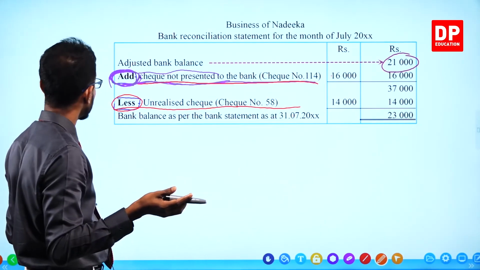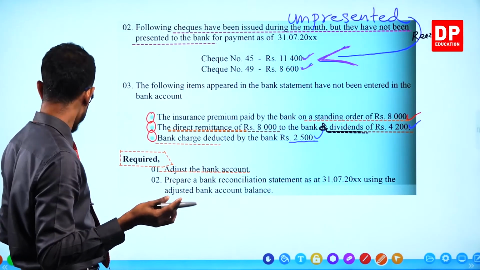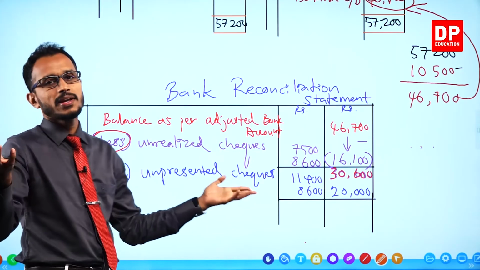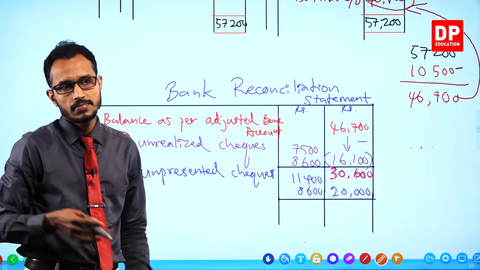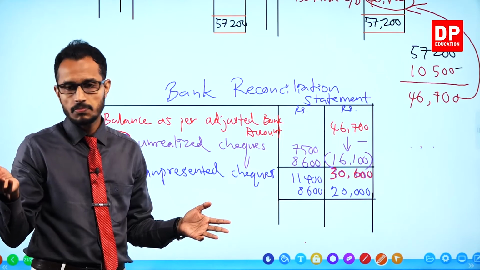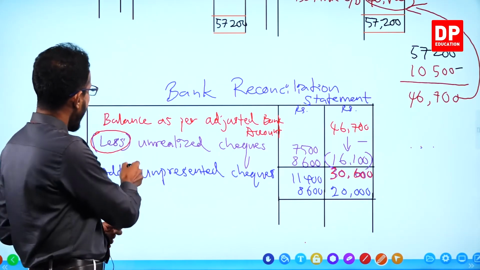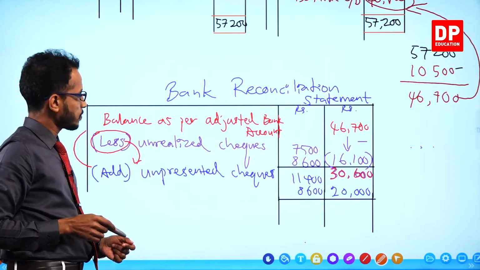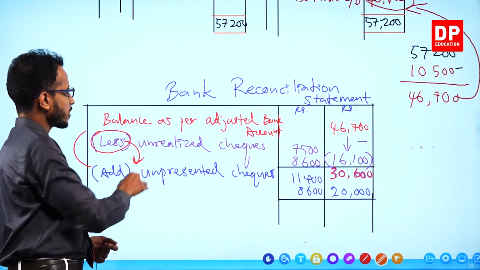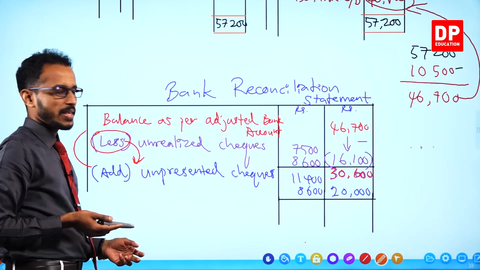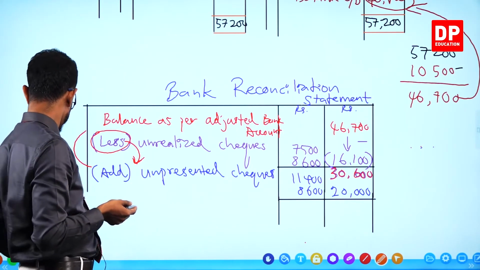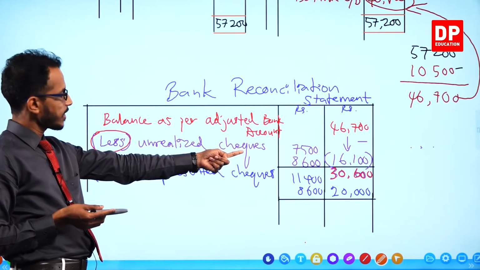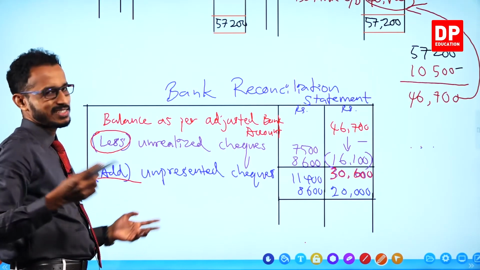But in your answer, you are subtracting first. It doesn't matter. It's not a problem. You can add first and then subtract the unrealized. It's the same thing. Even though you subtract first and then add the unpresented, it is the same thing.